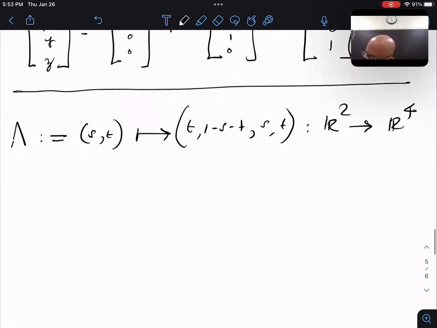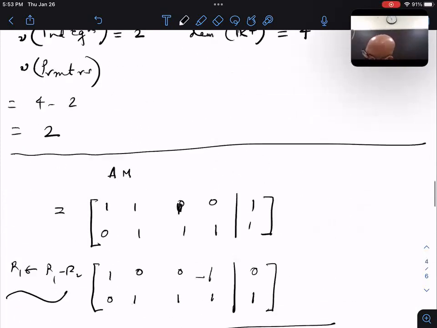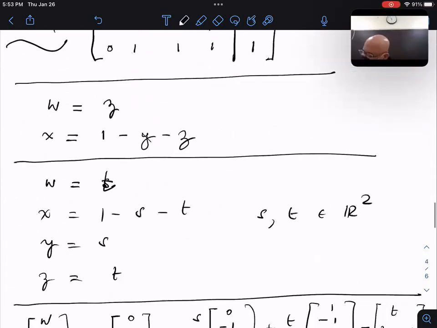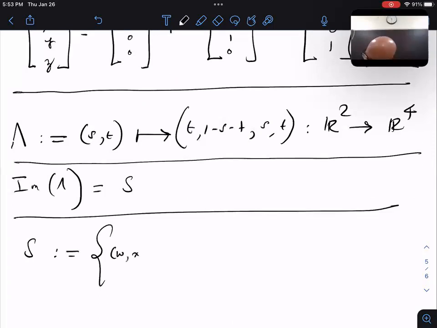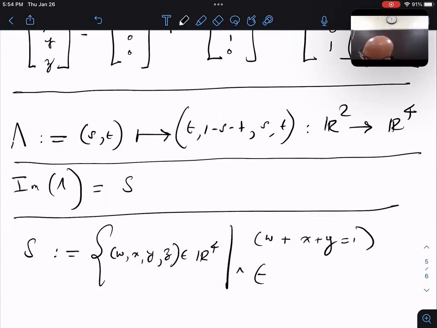So now note that an image of lambda is equal to S. The solution set, which I didn't write down in this case, but doesn't matter. I mean, I can write it down. S is defined to be equal to WXYZ in R4, such that W plus X plus Y is equal to 1 and X plus Y plus Z is equal to 1.